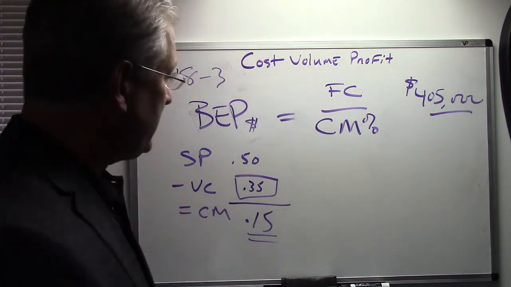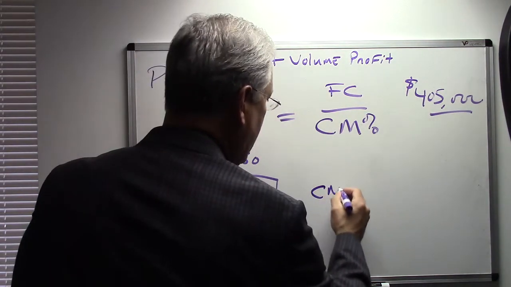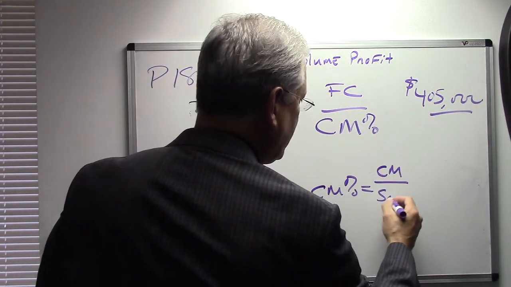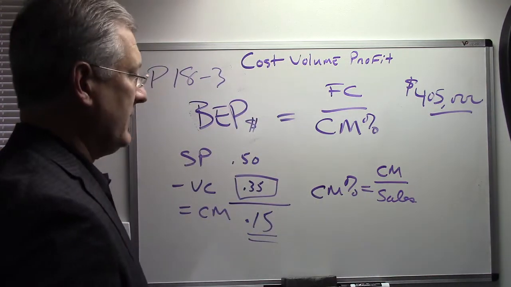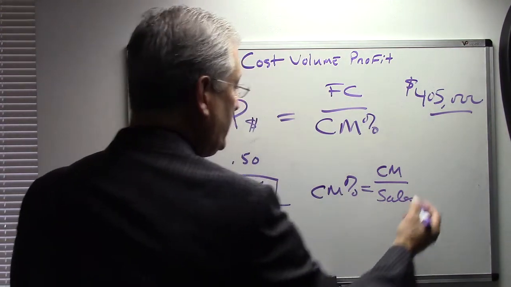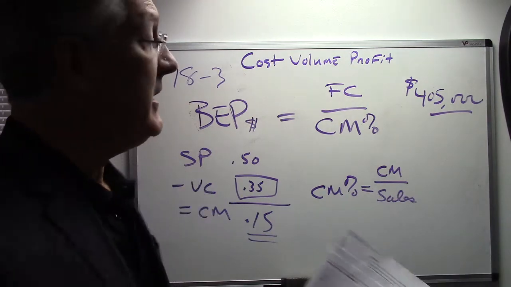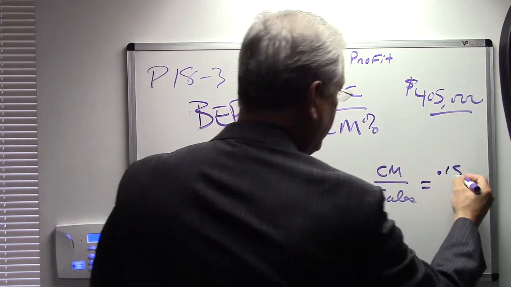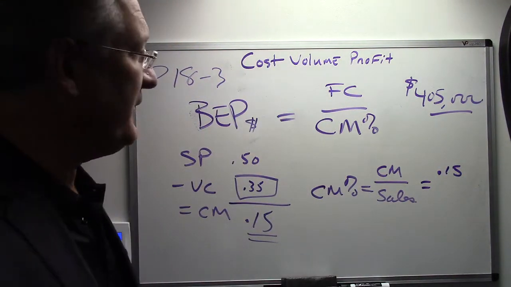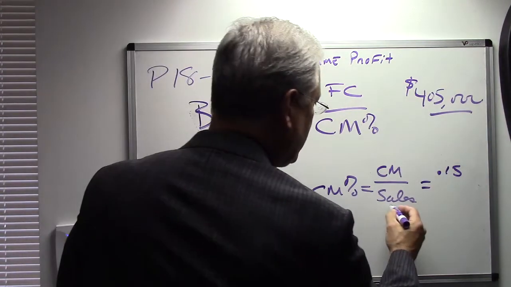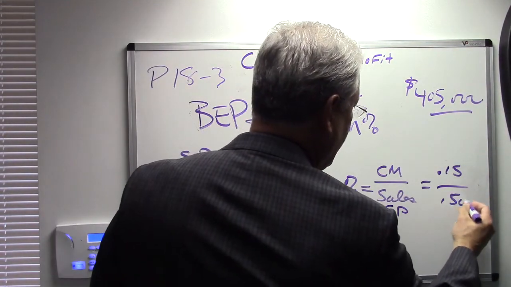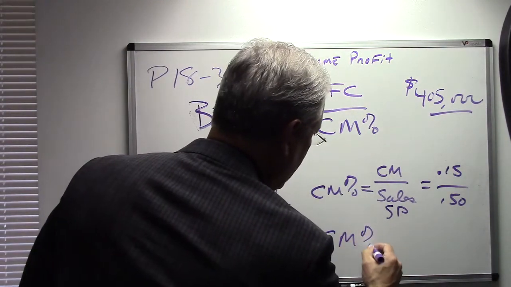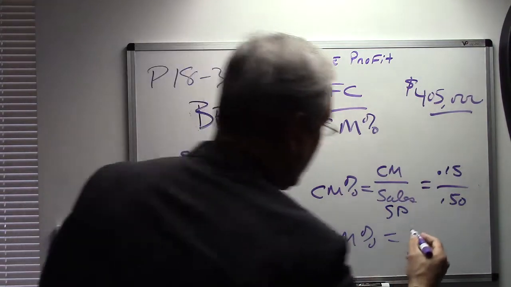So the contribution margin percentage, the CM percentage, equals the contribution margin divided by sales. We can do this on a total dollar basis, and we can also do it on a per unit basis. We know that the contribution margin per unit is 15 cents, and we know that the sales price, SP, is 0.5. So we know that the CM percentage is therefore 30%.